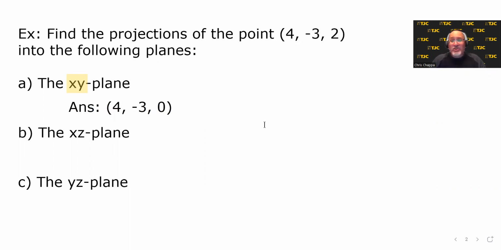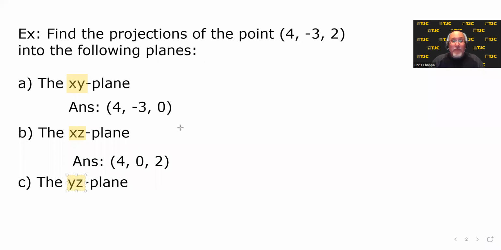So what do you think the projection of this point would be in the XZ plane? Well, in the projection into the XZ plane, we would keep the X coordinate and the Z coordinate and 0 out the other one. So we would keep the X, we would 0 out the Y, and we would keep the Z. So it'd be 4, 0, 2. And at this point, you're probably thinking, all right, this is easy.